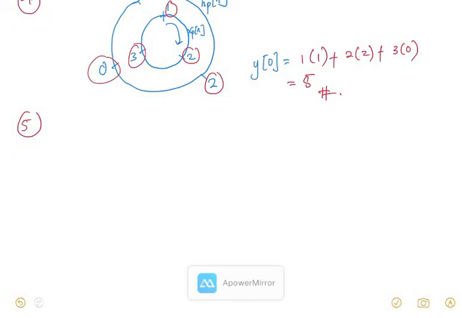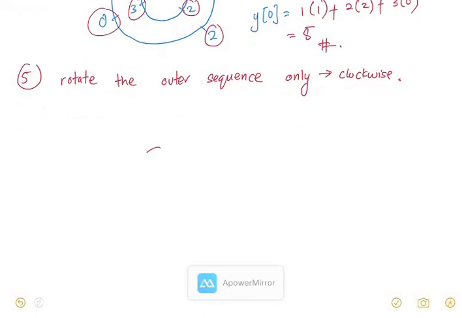After that, you need to rotate the outer sequence only, clockwise. So again, I draw the circle.